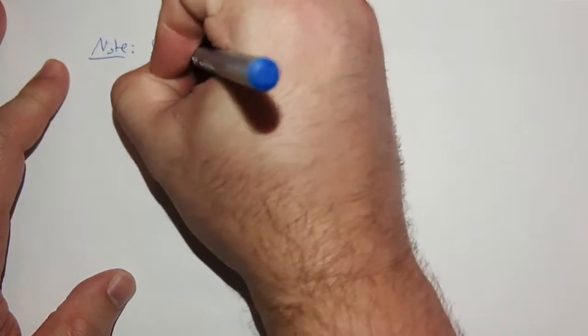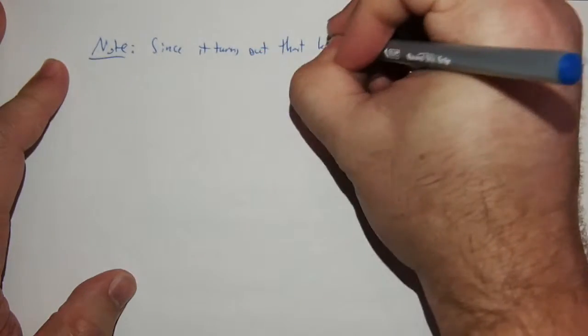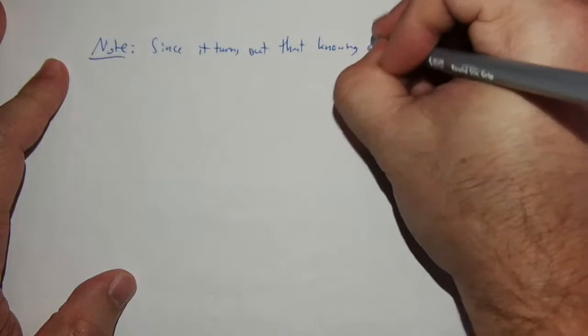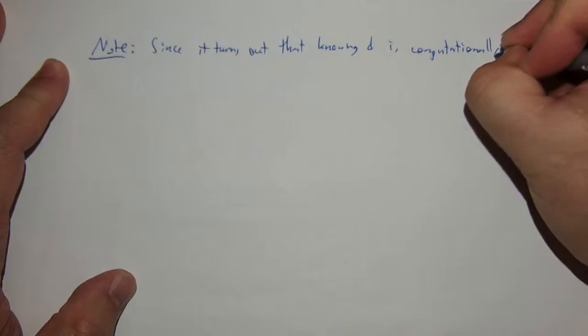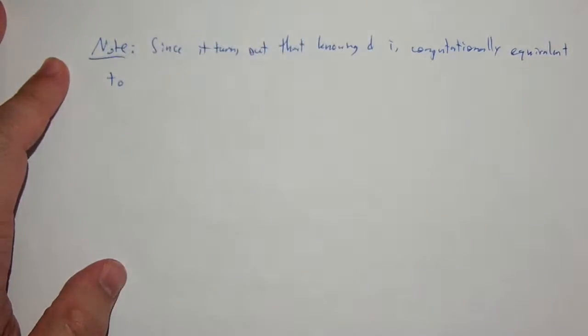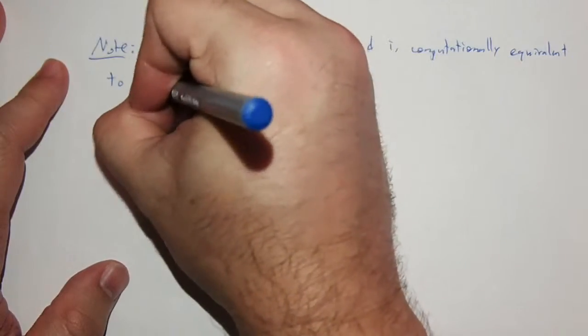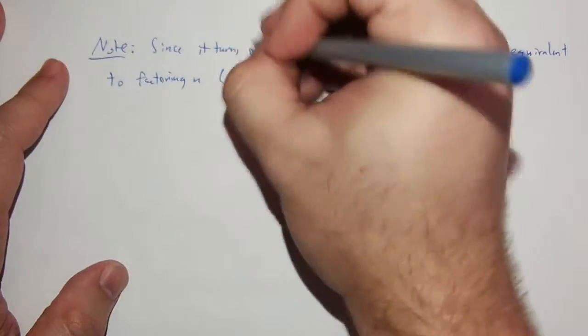So I'll give an example of that in just a second, but the first thing I wanted to say is note, right? Since it turns out that knowing d, or being able to figure out d, is computationally equivalent to factoring n, so we'll see this in chapter 14.